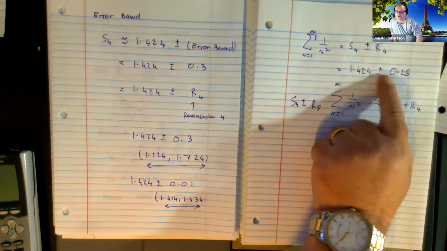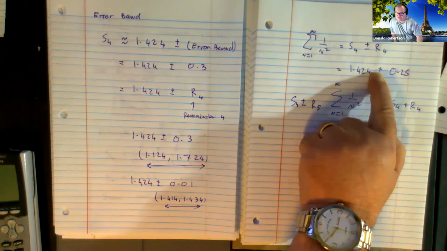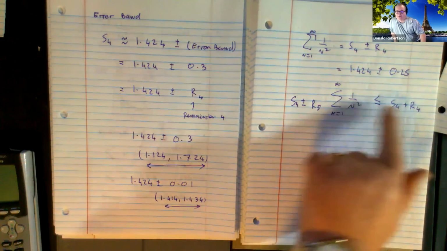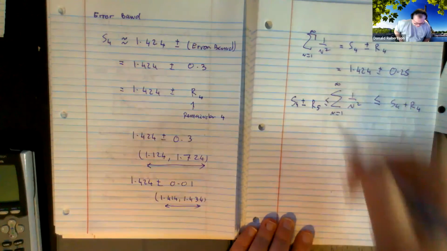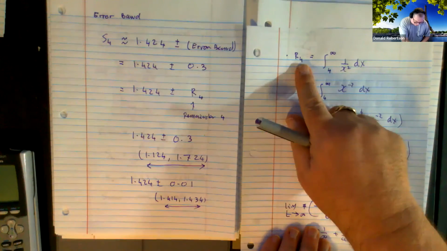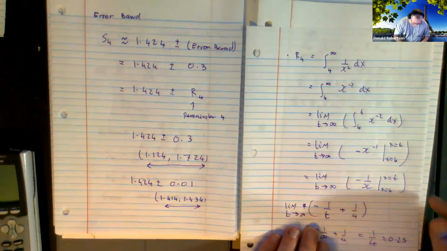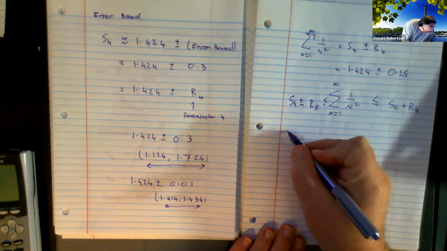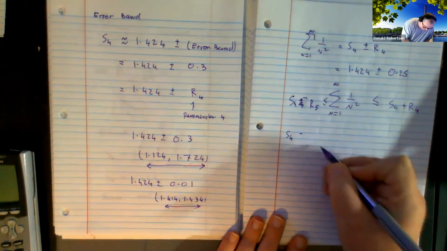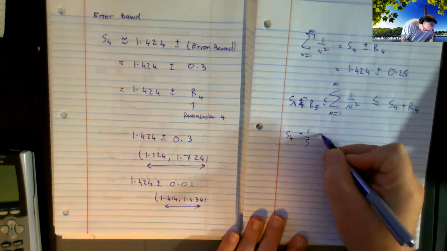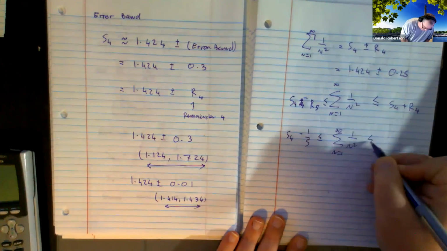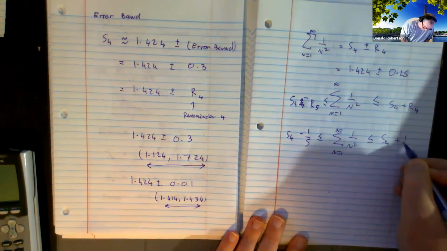So rather than saying plus or minus, we can actually do the plus side is this one and the minus side is that one. So it's not quite symmetric. This number will be a little bit different than on this side. But that's just a refinement of it. You know how you do R5, right? You plug this in and you get a 5, in which case the answer is a 5th. So if I was going to do this one, it would be S4 minus a 5th. And the real answer is sandwiched somewhere between those two.